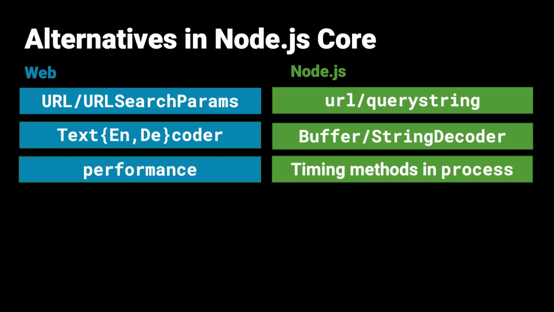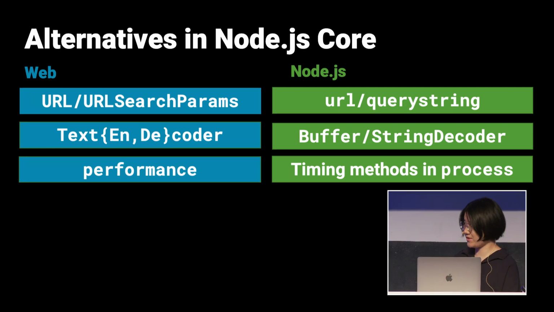Here we have the web APIs implemented in Node core that can be alternatives to certain homegrown Node built-ins. The legacy methods under the URL and querystring built-in modules can be replaced by the new URL and URLSearchParams classes.